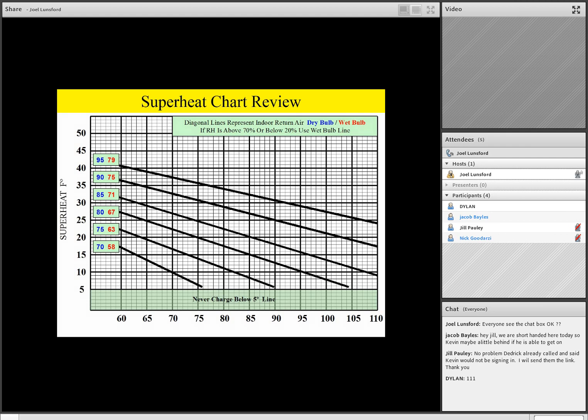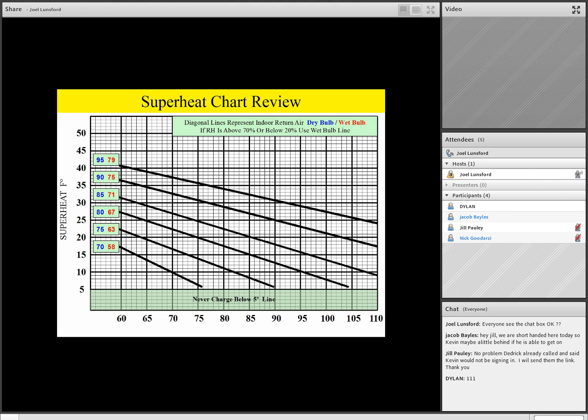I want to stress this is a generic superheat chart, and it will only be used for metering devices on the indoor coil that are of the piston or orifice type. You will not use this chart with an expansion valve. You'll only use this chart for a piston type of metering device.